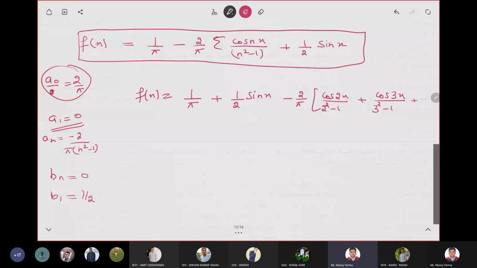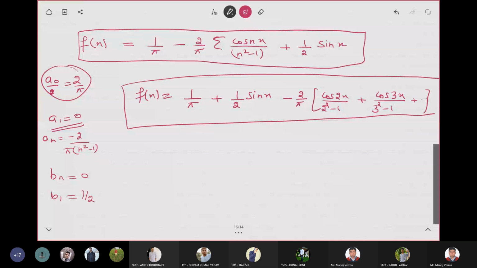Similarly, we also have to do this for the full wave rectifier, but for that you have to remember this expression, which I will be using, the same expression that we have seen.